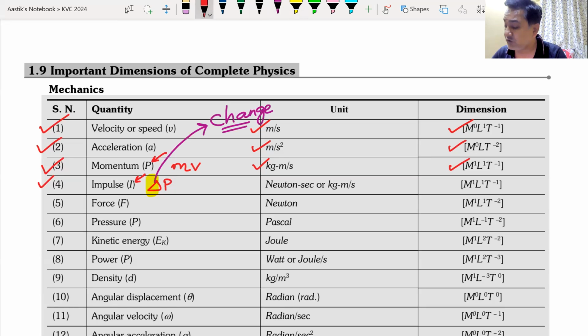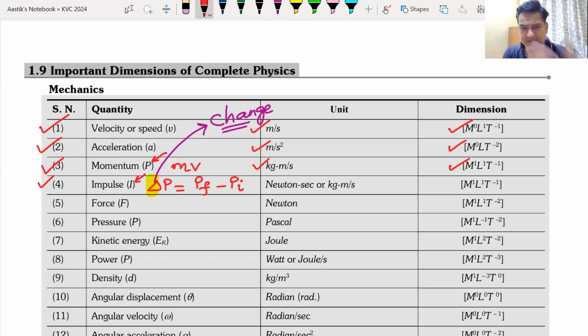Whenever we talk about change, change is always final value P_F minus P_I, F standing for final, I standing for initial. So final momentum minus initial momentum is known as change in momentum, and change in momentum is also known as impulse. We will be dealing with this term in your third chapter.